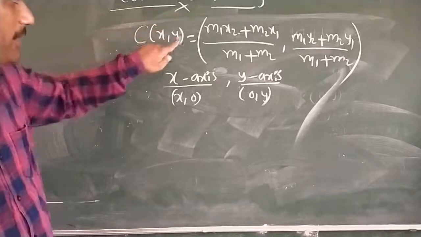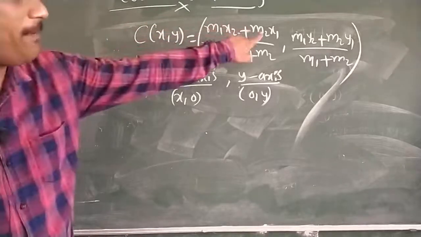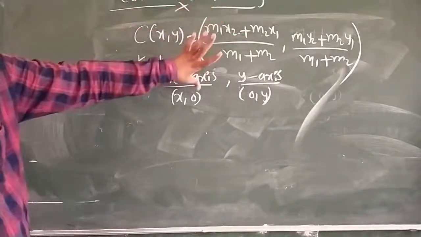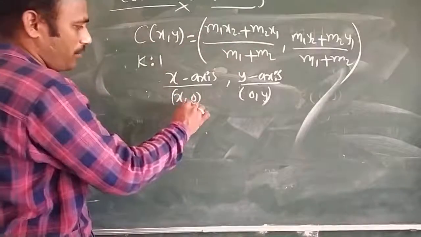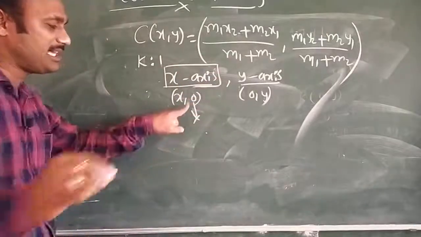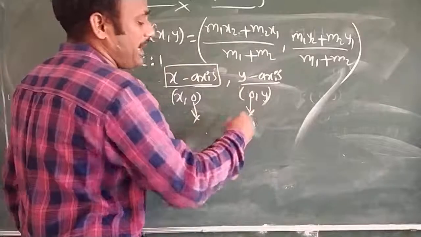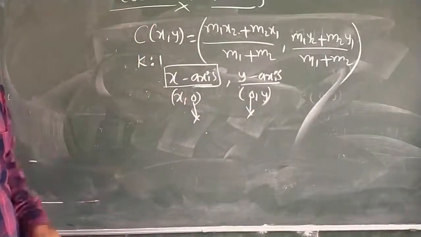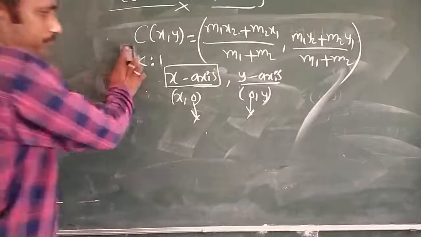That means in place of m1 we substitute k, and in place of m2 we substitute 1. After getting the value, if he is asking x-axis, we will make the y value equal to 0. If he is asking y-axis, we will make the x value equal to 0. So these are the two concepts related to the section formula.